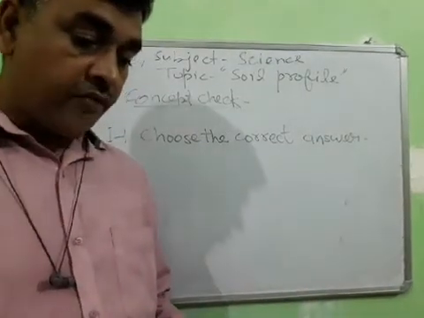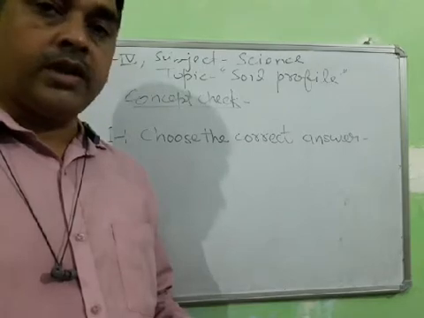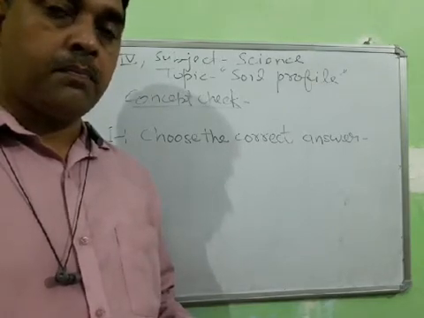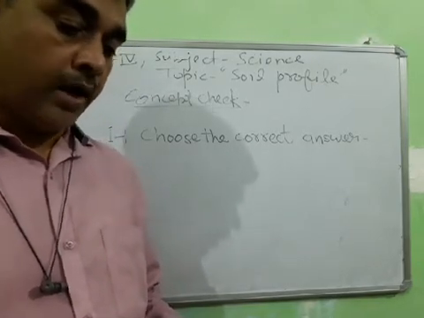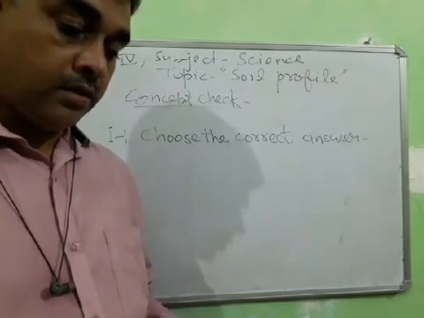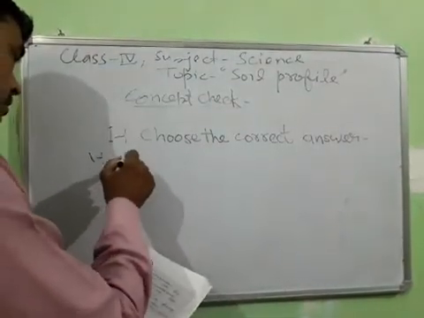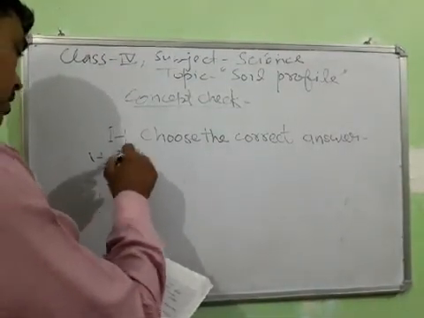The process of weathering leads to the formation of. Students, weathering of rock leads to the formation of soil. So rocks, minerals, salt, all are incorrect. Soil is the correct answer. First, D. Tick on the soil.